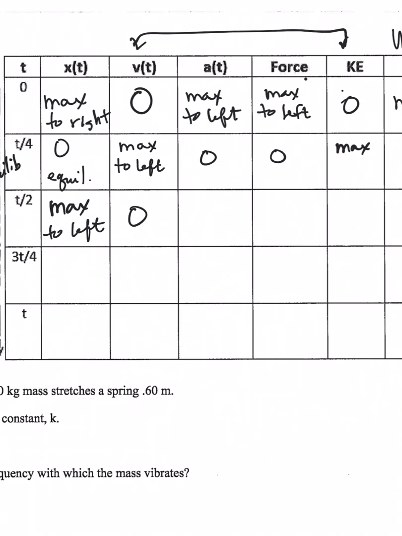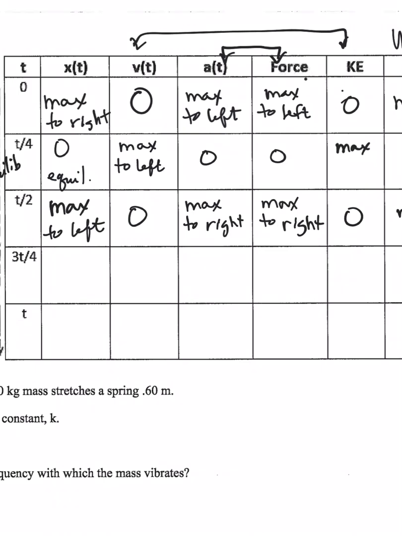It comes to a stop, which means my acceleration is now what? Max to the right, because it slowed it down. Force is? Yep, because these go together, don't they? Kinetic energy, though? If the velocity is 0, the kinetic energy is 0. But the spring potential energy is max.